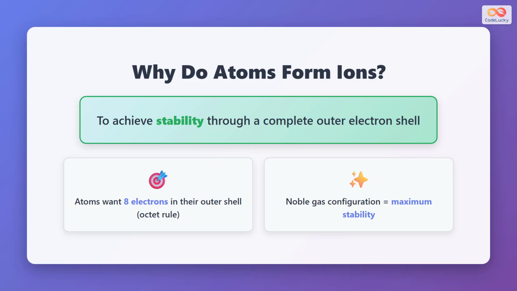Atoms will gain or lose electrons to achieve this stable configuration. For example, sodium has 1 electron in its outer shell. It's much easier to lose that 1 electron and achieve stability than to gain 7 more. On the other hand, chlorine has 7 electrons in its outer shell, so it's easier to gain 1 electron than to lose 7. This drive for stability explains why ions form and why certain elements tend to form specific types of ions.